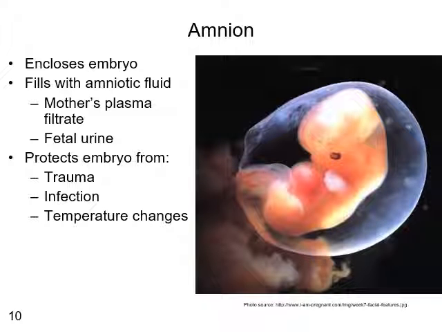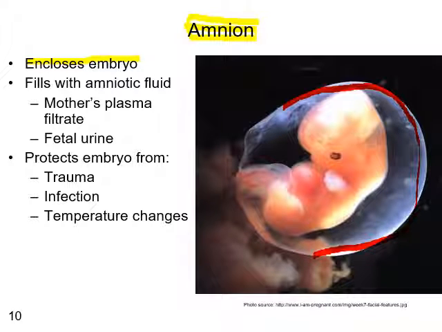The blastocyst continues to develop, and one of the important structures that it develops is the amnion, or amniotic sac. That's illustrated here. This is the amniotic sac surrounding a developing fetus. The amnion surrounds the embryo.